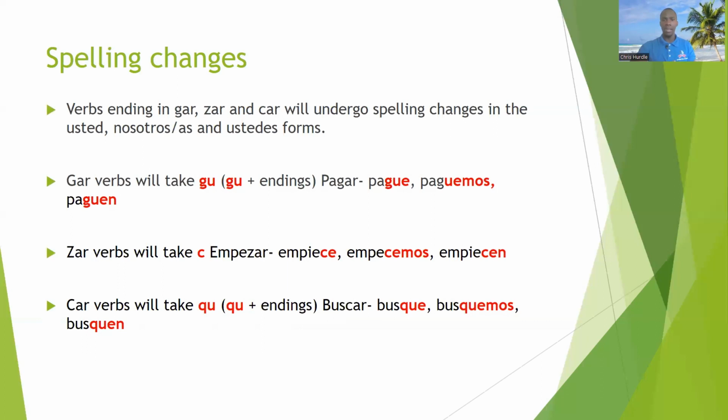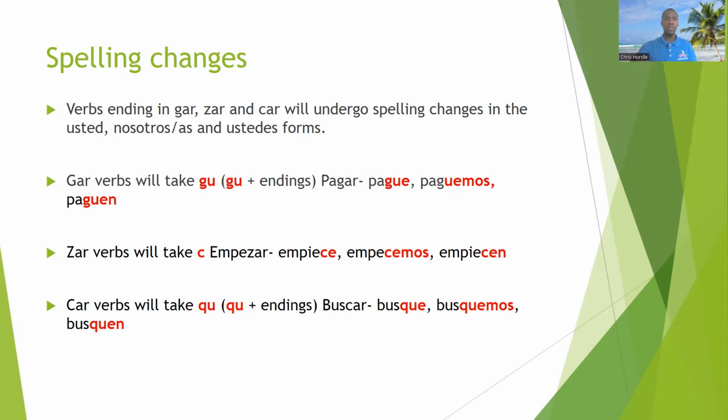For example, pagar, which means to pay. You have pague, so you see the gar changes to gu. So pague, paguemos, and paguen. Those would represent the usted, the nosotros, and the ustedes forms respectively, okay?